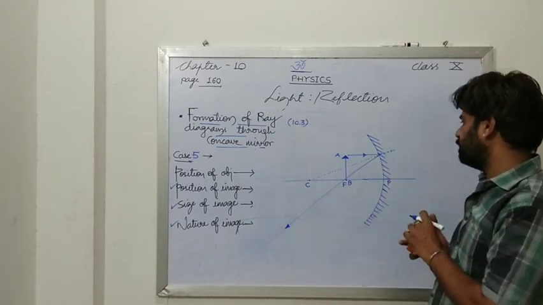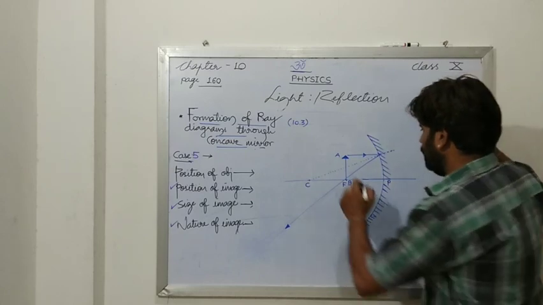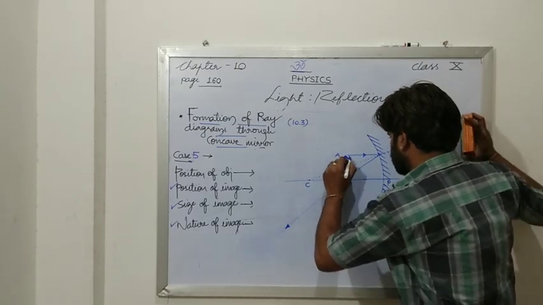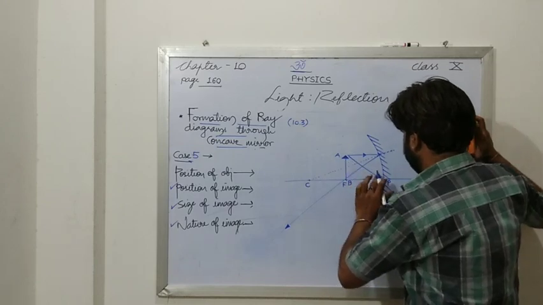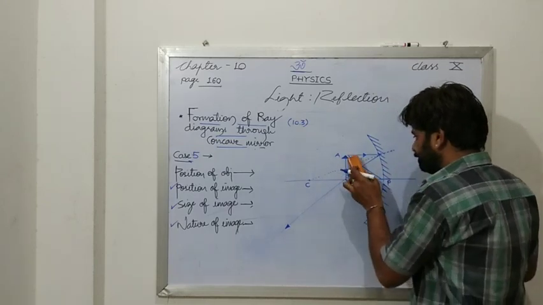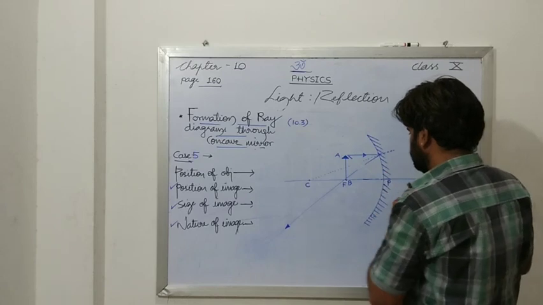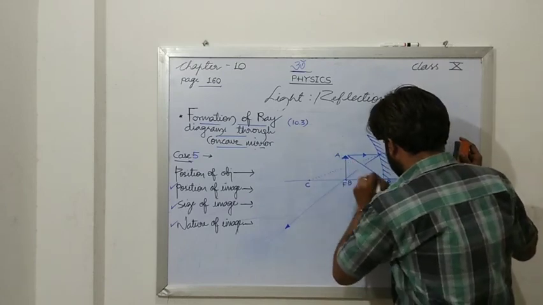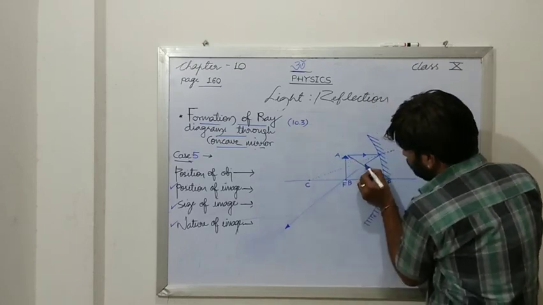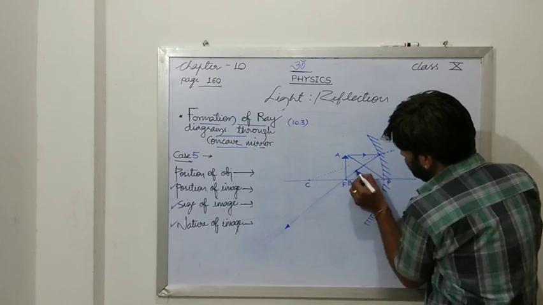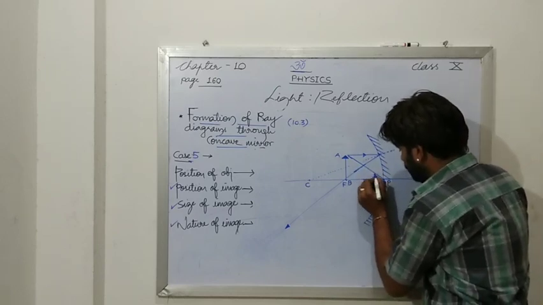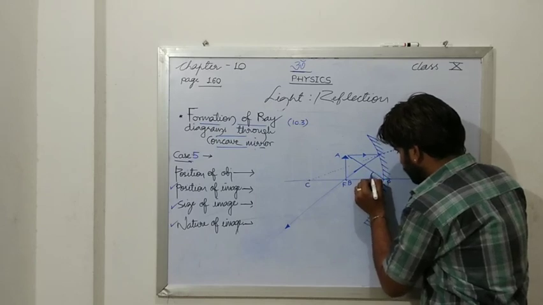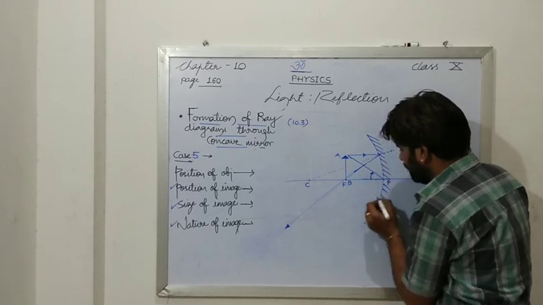Rule number 3 says: when a line is incident over the pole, just after reflection it will be reflected with the same angle.